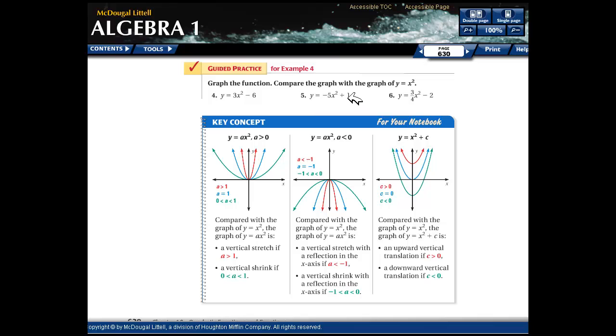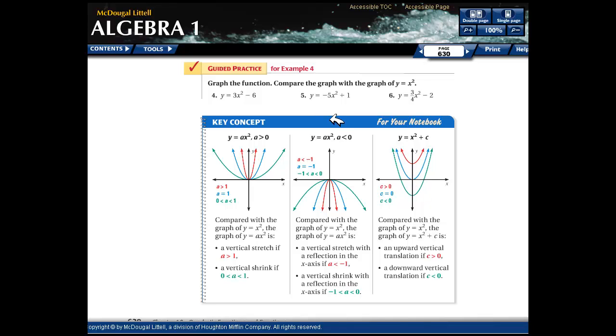This one should be 1 unit up, and because it's a -5, it should face down, and because that is a number bigger than 1, even though it's negative, that 5 makes it very narrow. So it would look something like this red one right here. This one would start 2 units down because that is a negative. And because this number right here is less than 1, it should be wider than this parent equation. So it might look something like this, only 2 units down.